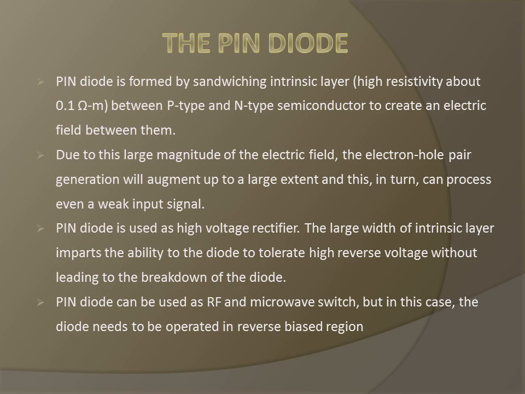The PIN diode is used as a high voltage rectifier in the rectification process. The large width of the intrinsic layer between P and N gives the diode the ability to tolerate high reverse voltage without leading to breakdown of the diode.